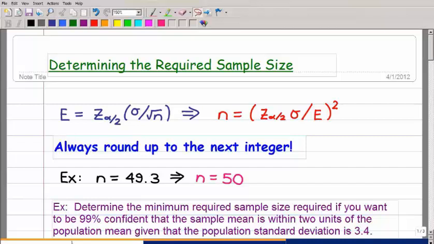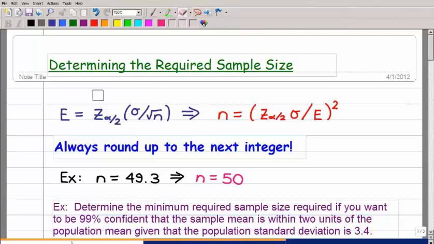Let's say you want it to be a specific value. So the question then lies, can we come up with the sample size necessary to meet those requirements? And yes, we can.